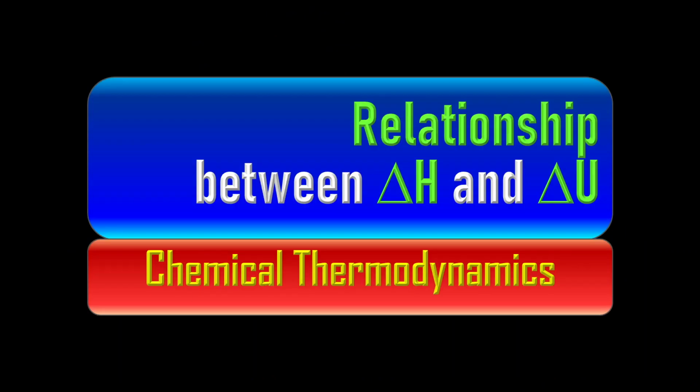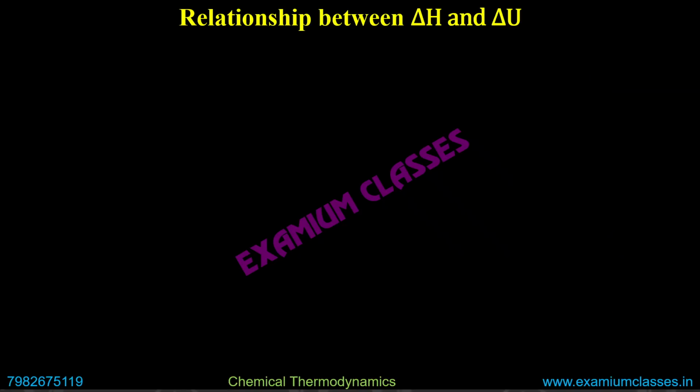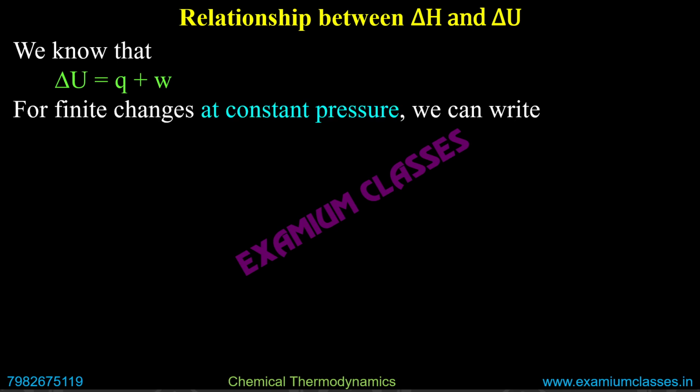Then the relationship between these two entities we talked about, delta H and delta U. A very important formula you will be using very frequently. We know that delta U is equal to Q plus W. For finite changes at constant pressure, we can write delta U equals QP plus W. So if we are talking about constant pressure, which is normally the case, since we normally do reactions at constant pressure, then this heat transferred will be QP.